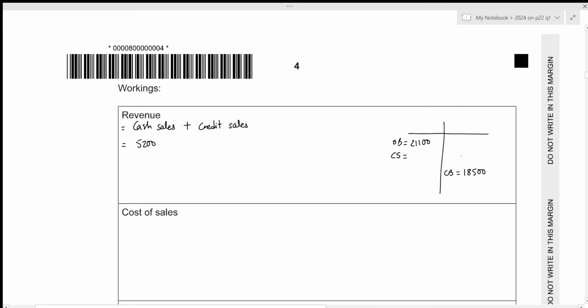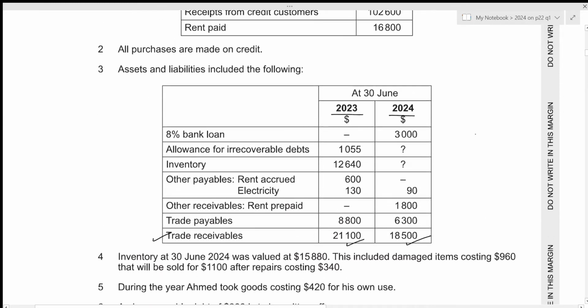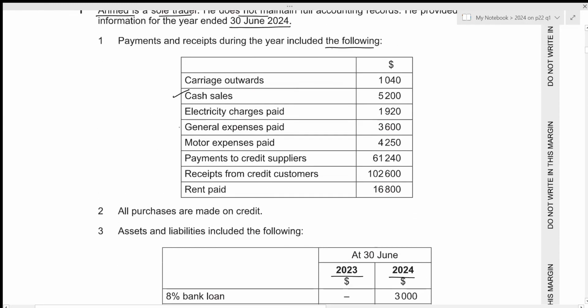And on the credit side, what we include is the amount paid within our bank account from the credit customer. So these are the receipts. Let's look for this amount as well. This will be given within our payments and receipts. We are looking for receipts from credit customers, which is given right here. That's the amount of 102,600.